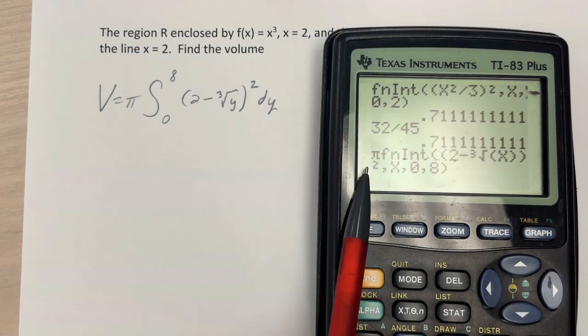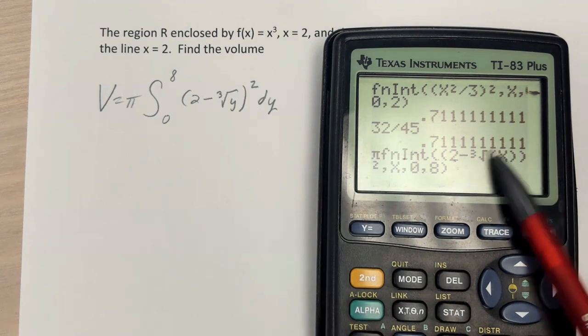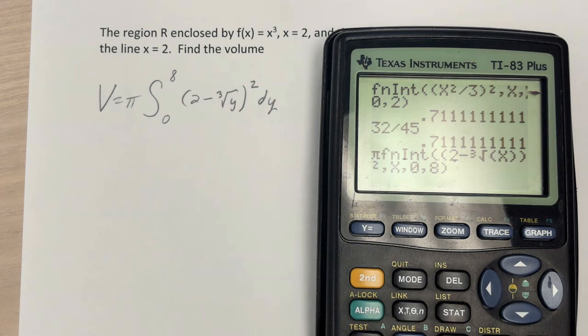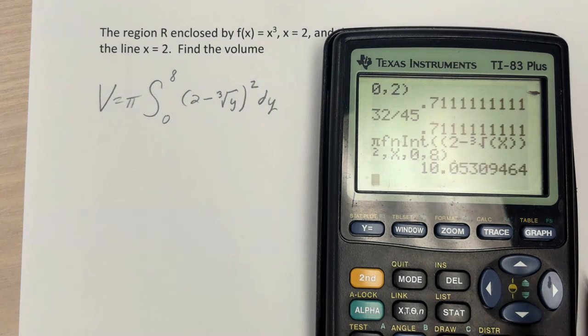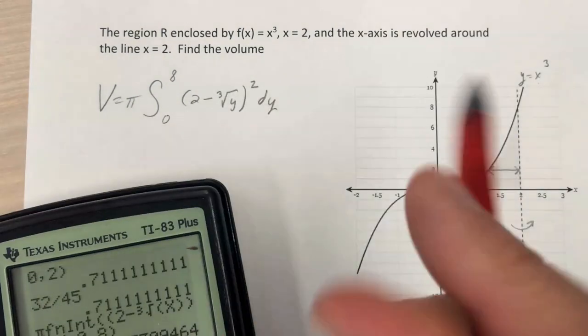And again, I already got the pi there, so I don't have to worry about the pi in the end. Because it's got a cube root there, it takes a little bit of time to figure it out. It's taking really a long time to figure it out this time. There you go. 10.053 would be my answer.